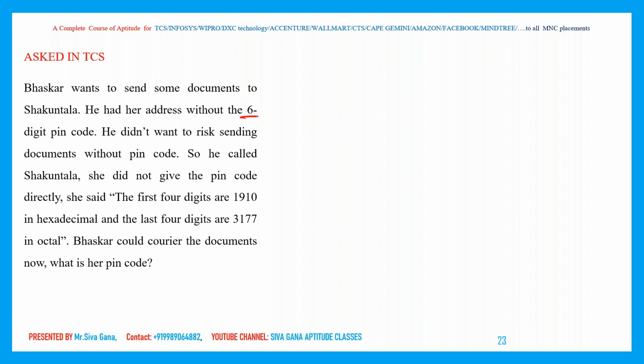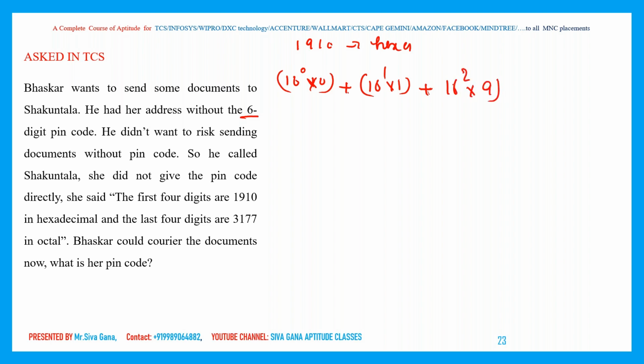Yes, let us check. 1910 is in hexadecimal. Let us convert it into decimal. First, 1910 in decimal is 16 power 0 into 0, plus 16 power 1 into 1, plus 16 power 2 into 9, plus 16 power 3 into 1.